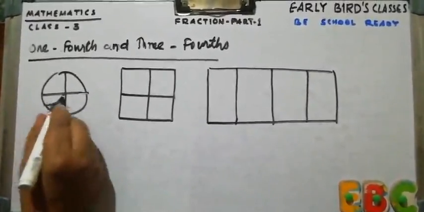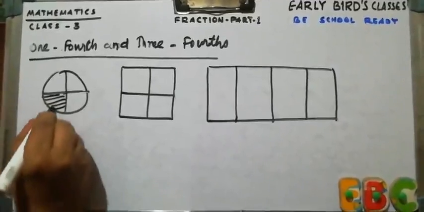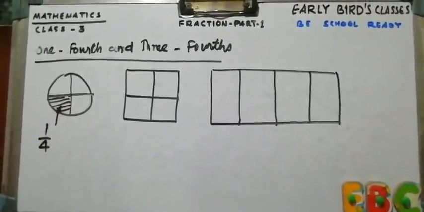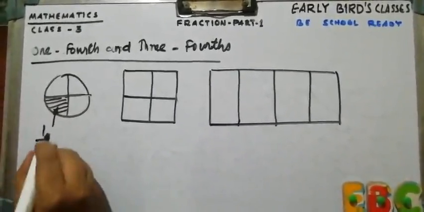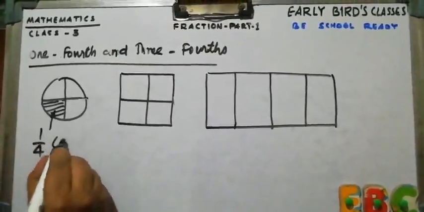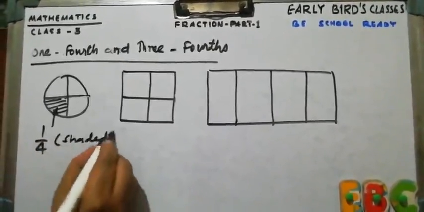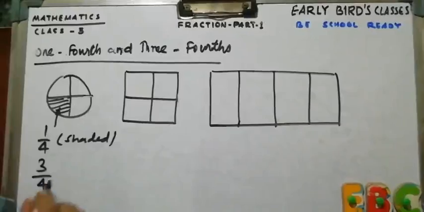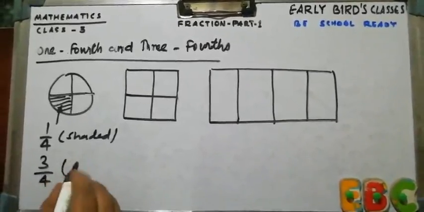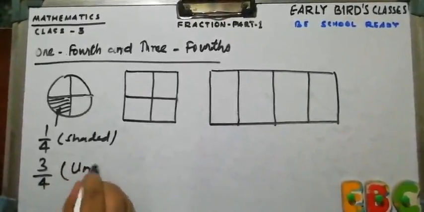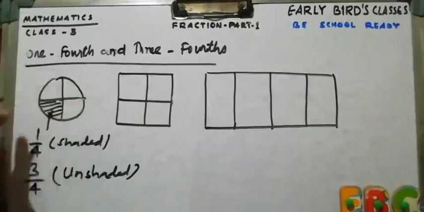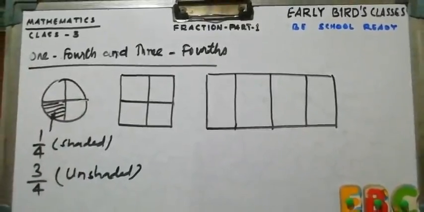So this shaded part will be 1/4 of total circle, right? And this one is shaded, and unshaded will be 3/4. Here there are 3 unshaded parts, right?